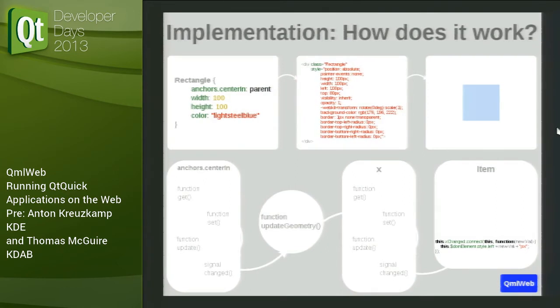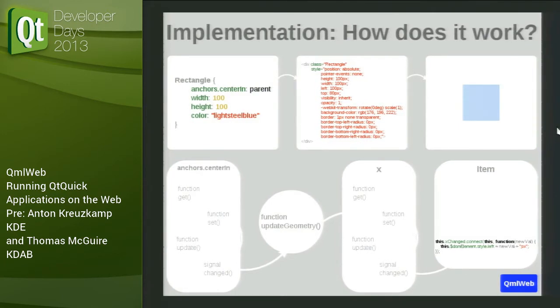So what we do when we position, for example, that element, we have the anchor center in parent. We set this. It's actually a binding. We evaluate that, and this changed signal is called. Then we have a function that is connected to that signal, which will update the geometry and calculate the absolute position the rectangle needs to have.